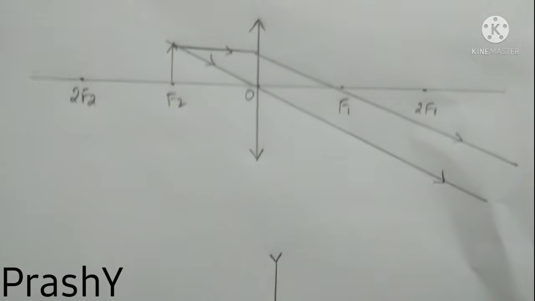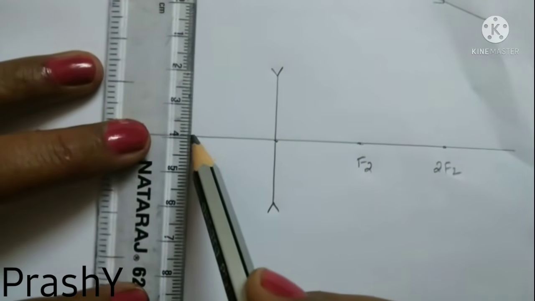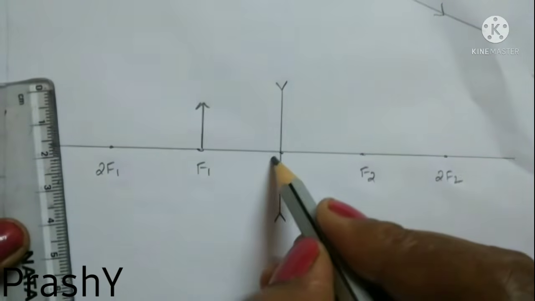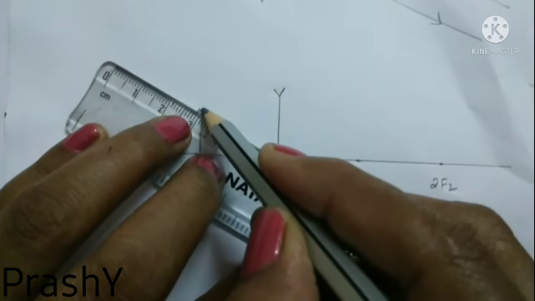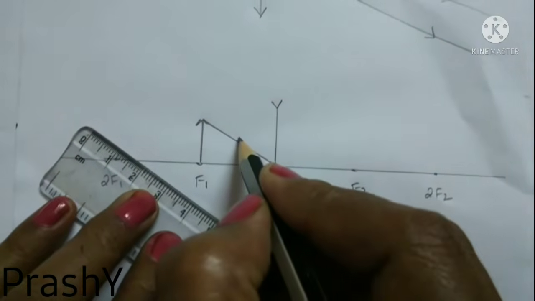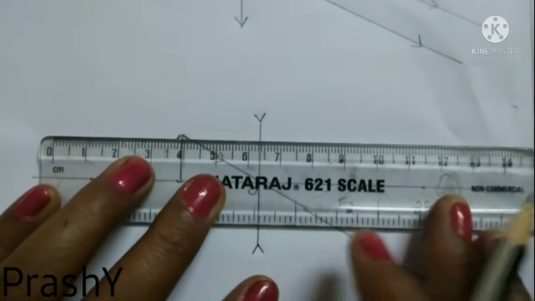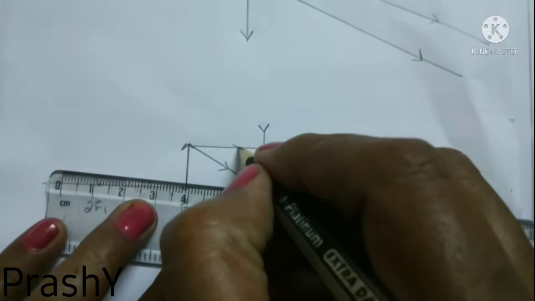Let us see for the concave lens. So object is placed at the focus. This is my optic center. So passing through the optic center, ray proceeds undeviated. So if you have observed children, I am taking the same two rays. The ray 1 is passing through the optic center and ray 2 is parallel to the principal axis.